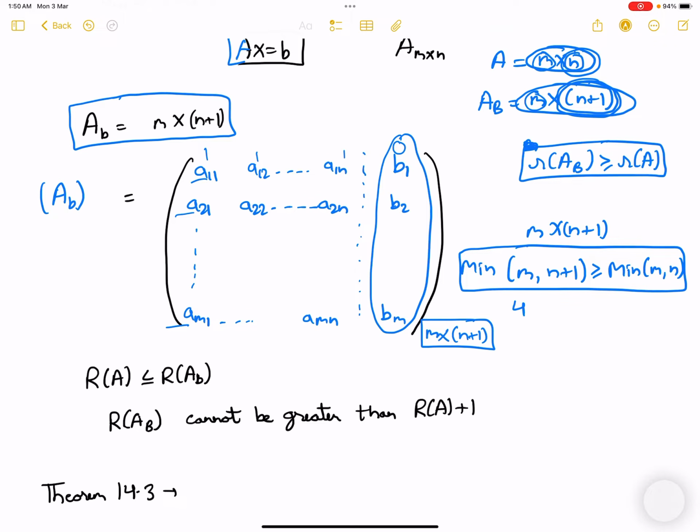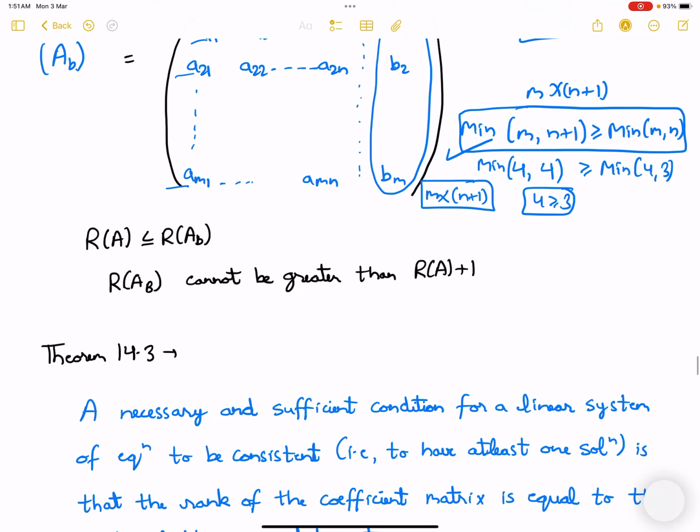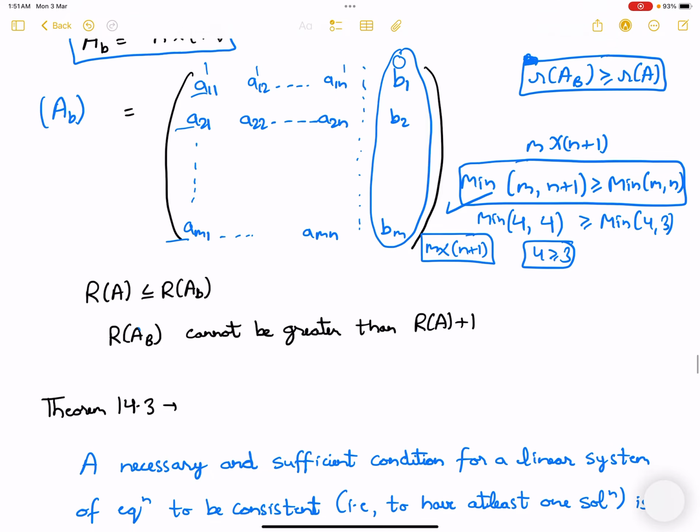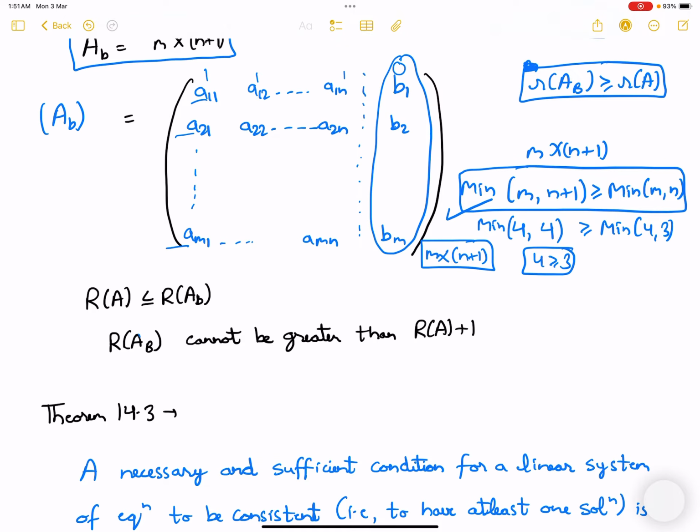You can take m as 4, n as 3, so then it would be 4 comma 3. So this becomes 4 is greater than or equal to 3. So you should know this. Okay, this is very logical in nature. And since only one column is being added, the order is increasing by 1 only.